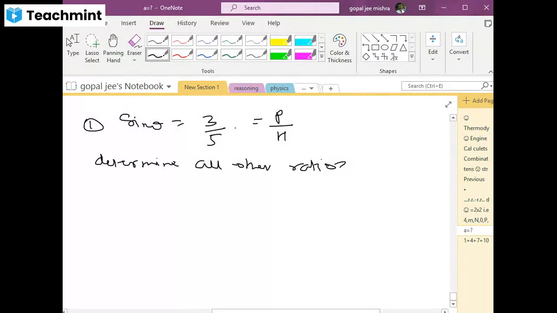Now, to use Pythagoras, if I have to take the value of perpendicular, I should mention some common factor k. So we can let the perpendicular be 3k and hypotenuse be 5k. Is that clear up to this point, beta?